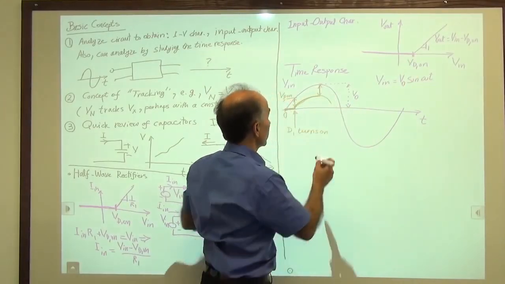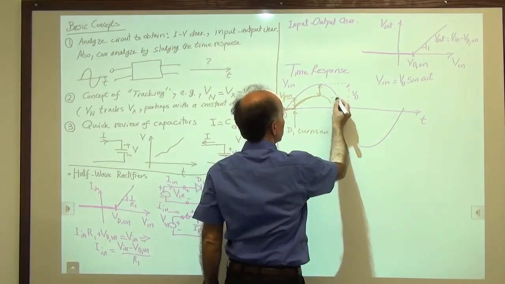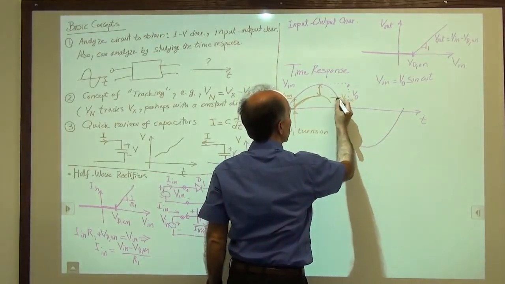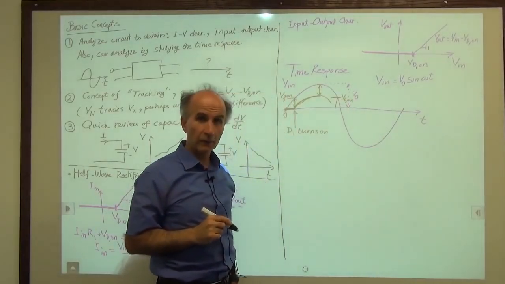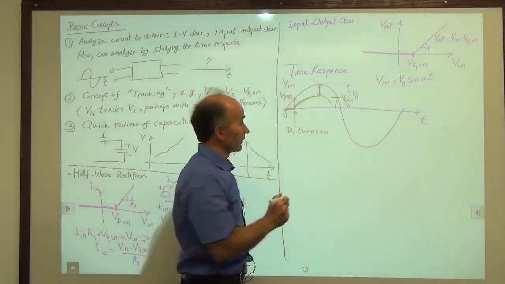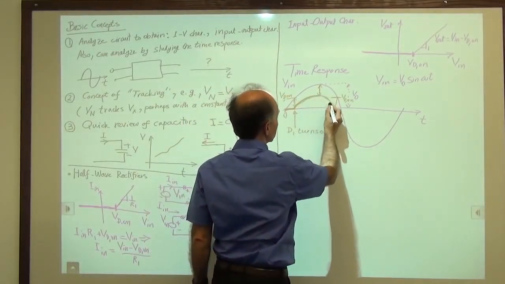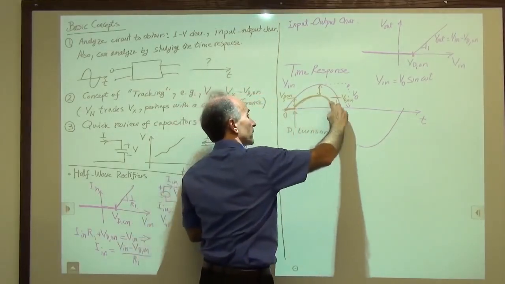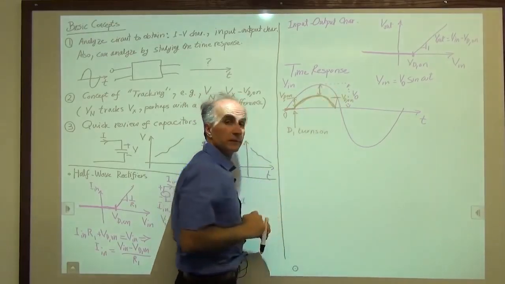So at some point when the input voltage has come back to VD on, right here, the diode turns off. And when the diode turns off, the output voltage goes back to 0. So the output voltage goes back to 0 here. So we see that this little waveform here is just a little sinusoid, except that it's shifted down.